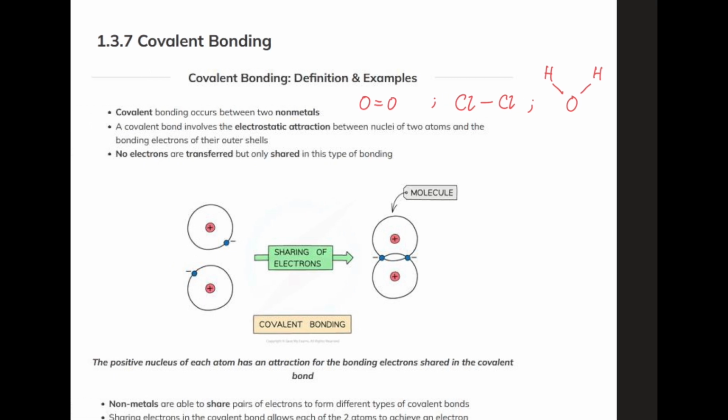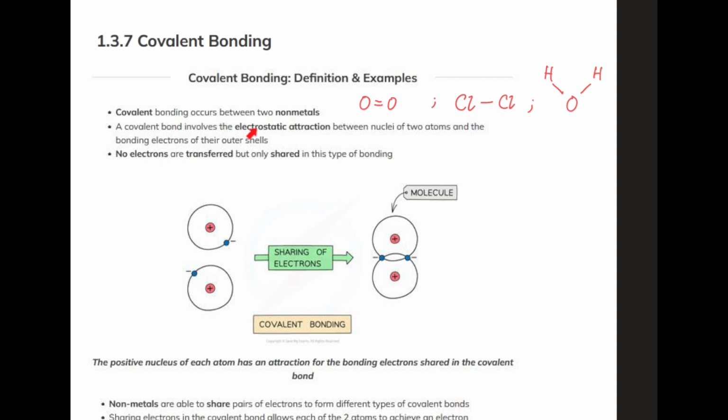Then the second point: a covalent bond involves the electrostatic attractions between the nuclei of two atoms and the bonding electrons of their outer shells. So again, you can see electrostatic attraction. That means positive attracts negative, and that is called electrostatic attraction.